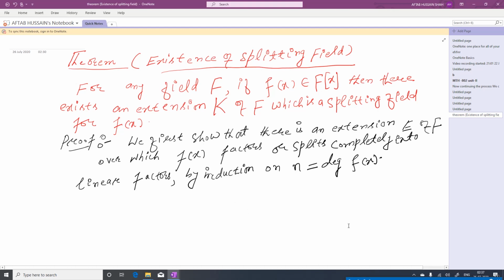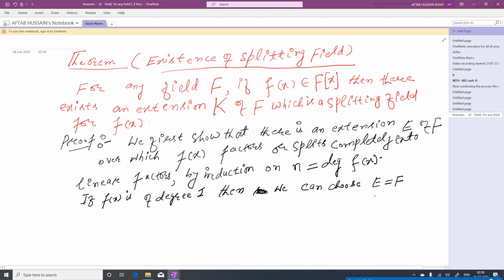Now, if the polynomial f is of degree 1, then it is itself a linear factor, so we can choose E equals F, and we are through.